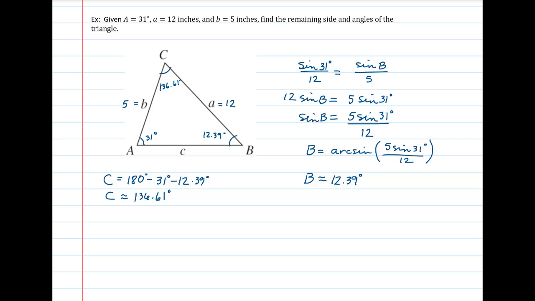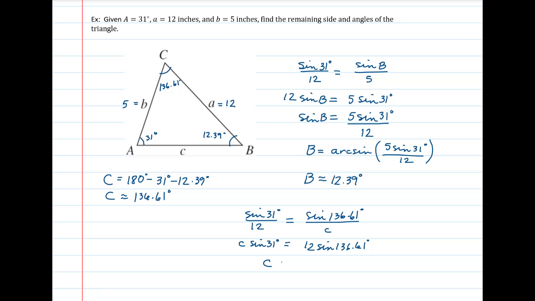Now we have to find the last side here, lowercase c, and we can set up our law of sines again and find that. I'll use angle A, so sine of 31 degrees divided by 12 is equal to sine of 136.61 degrees, which is angle C, divided by lowercase c. Cross multiplying, we get c times sine of 31 degrees is equal to 12 sine of 136.61 degrees.